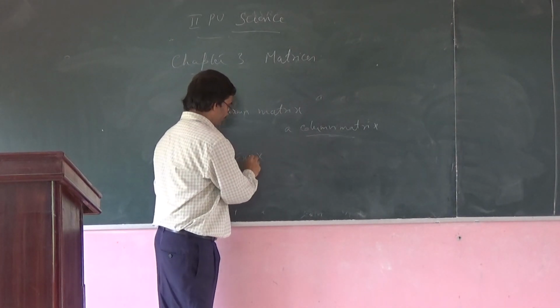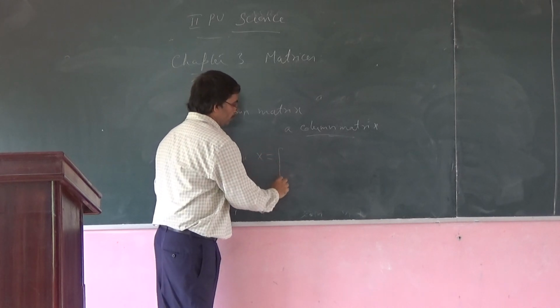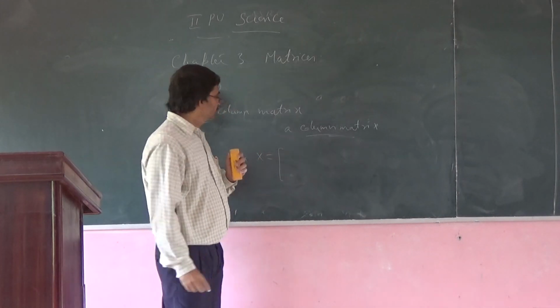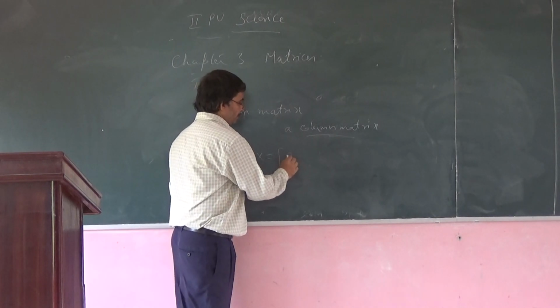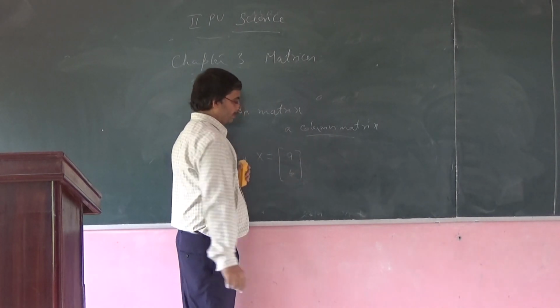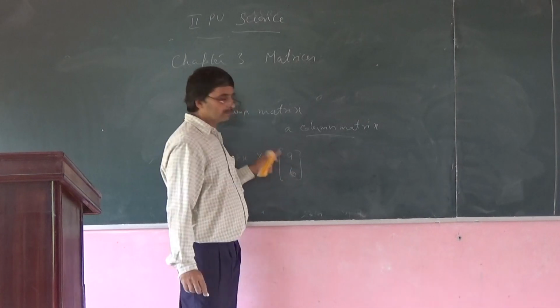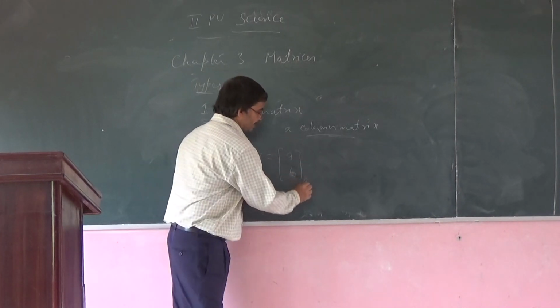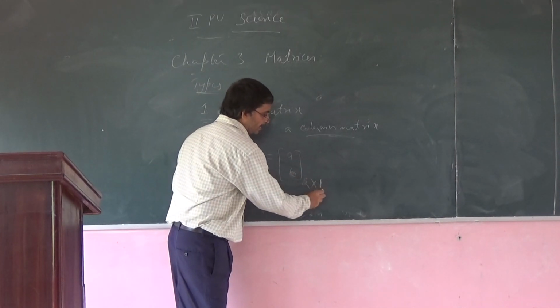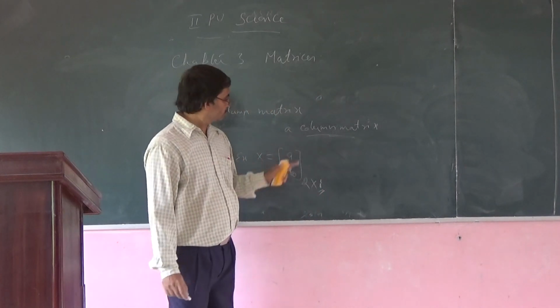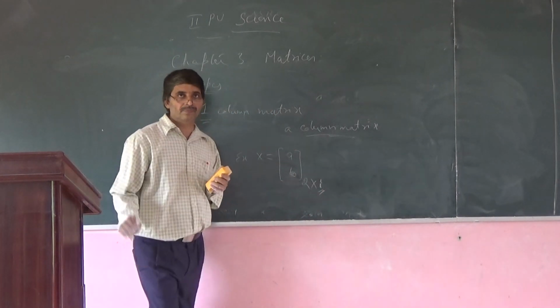Example, X equal to a, b. There is only one column, but two rows are there. Only one column. So this is a column matrix.